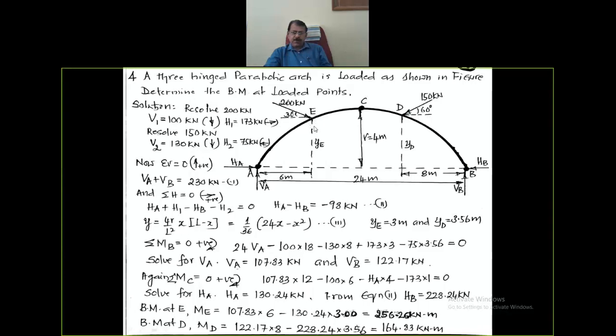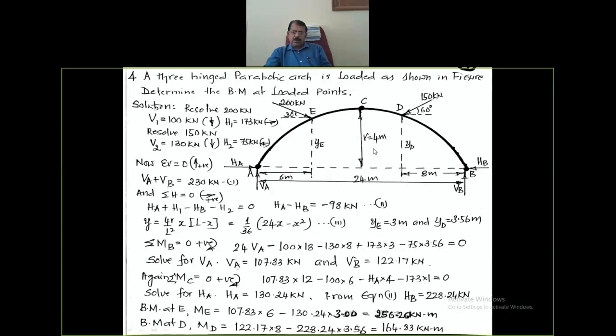Here, the position of E is at a distance of 6 meter from the point A. Similarly, the position of D is at a distance of 8 meter from the point B. The span of the arch is 24 meter. Let us call the vertical reaction at the point A as VA, horizontal component as HA. Similarly, the vertical component at the point B as VB and horizontal component as HB.